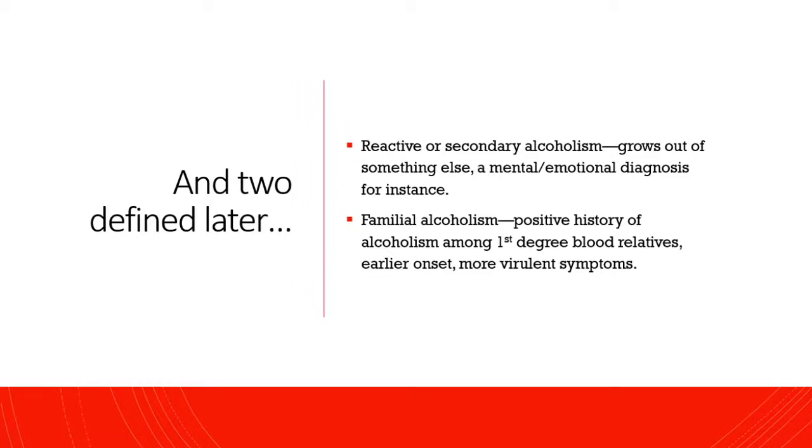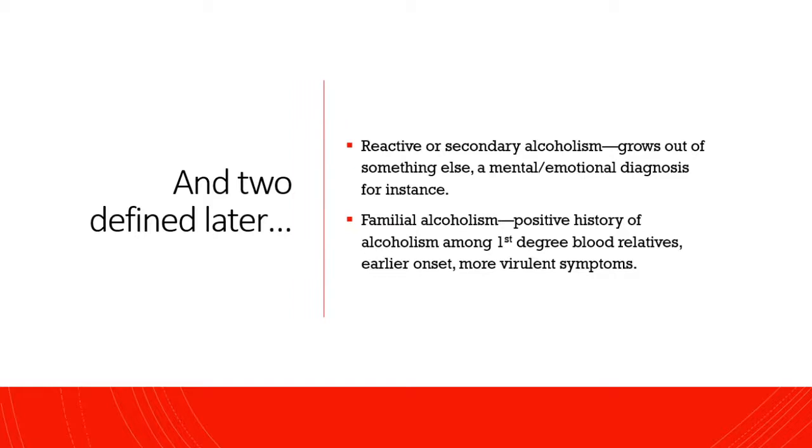Familial alcoholism is the type of alcoholism that is clearly inherited. It runs in families. Not just the tendency to have this disease, but the predictability of this disease when it catches hold of someone who has first-degree blood relatives, moms, dads, sisters and brothers who have alcoholism.